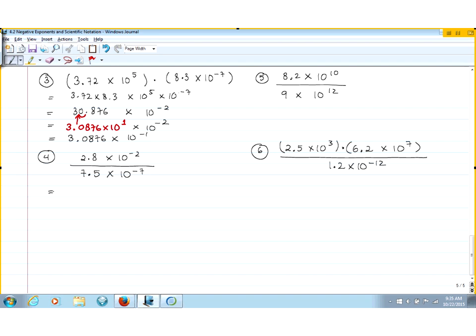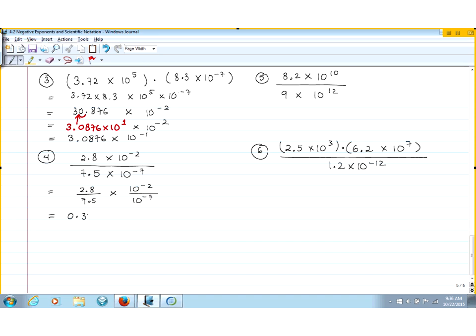Now, number 4. We're going to divide the number with the number, and then the powers of 10 with the powers of 10. Times 10 to the negative 2 divided by 10 to the negative 7. So divide, and for the powers of 10, we subtract the exponents. So what is 2.8 divided by 7.5? We will just use our calculator.